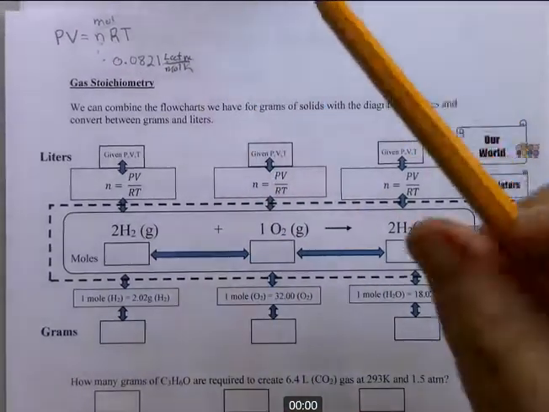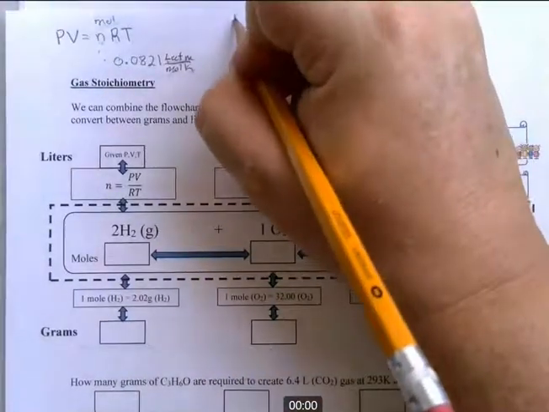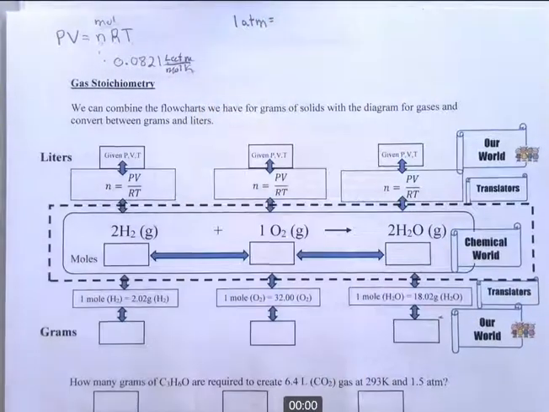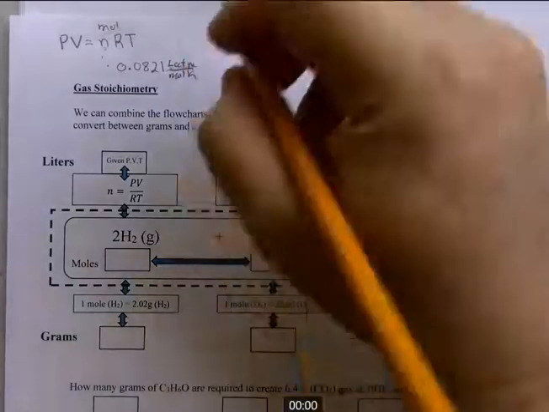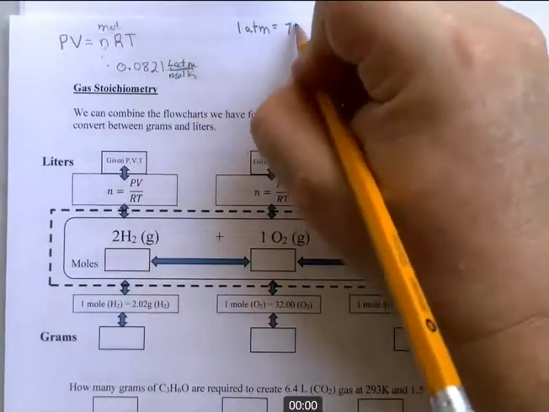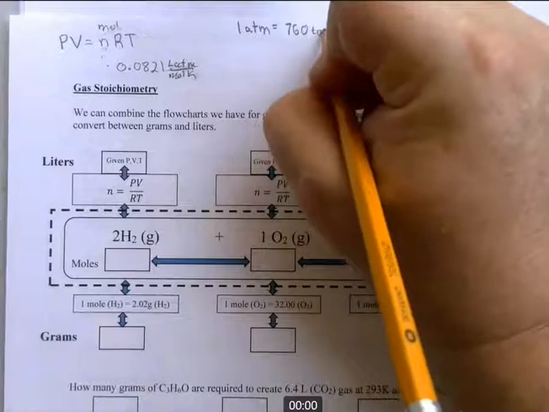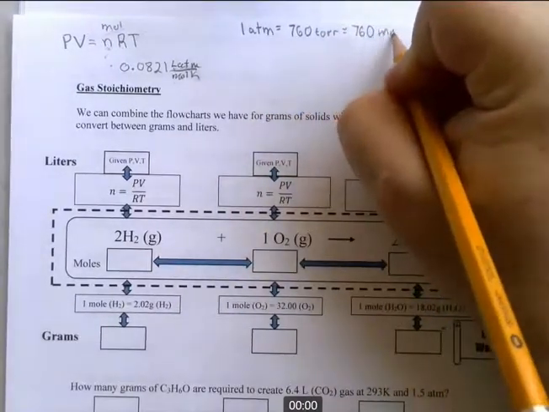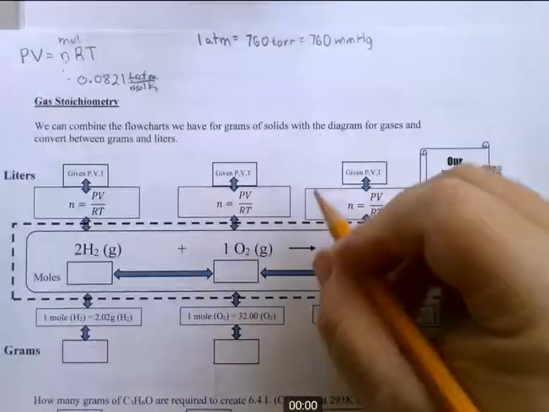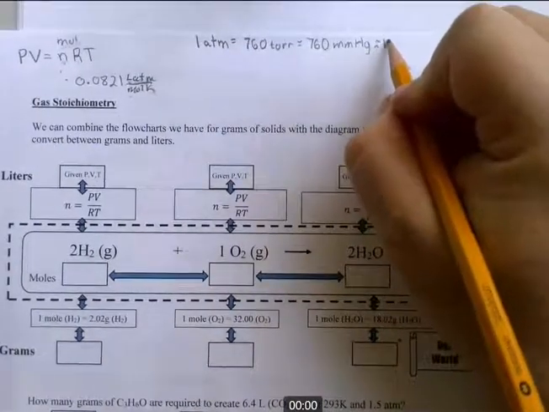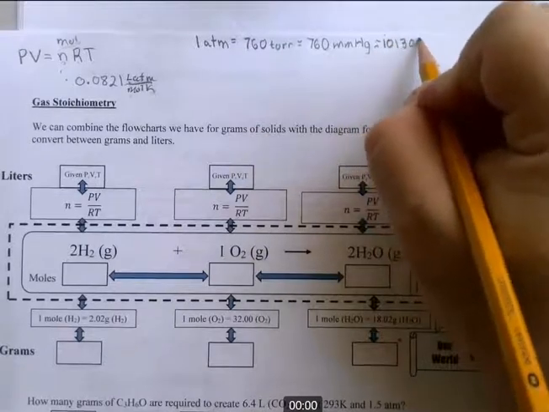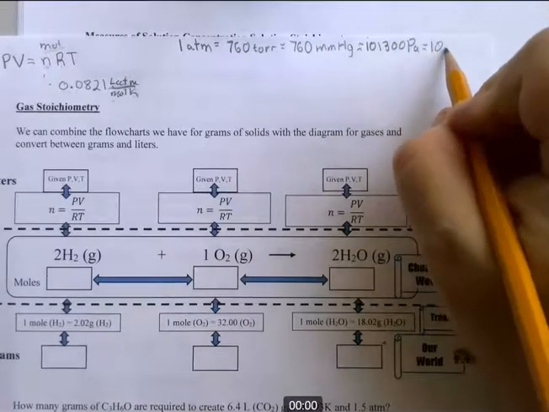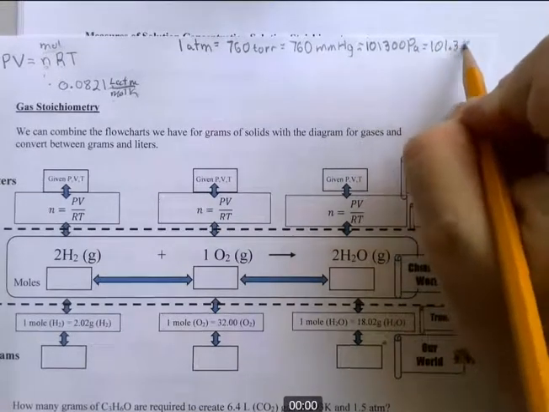Okay, so let me write that up here real quickly. So 1 atmosphere, these are all about the pressure in a standard room, at sea level, about where we live. 1 atmosphere is 760 torr, which equals 760 millimeters of mercury, which equals 101,300 Pascal, which equals 101.3 kilopascal.